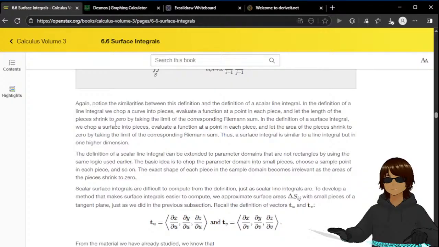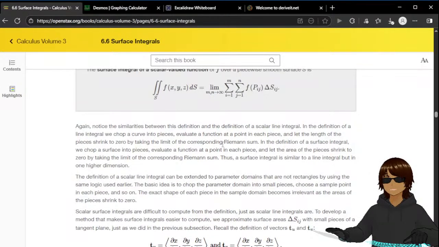In the definition of a surface integral, we chop a surface into pieces, evaluate a function at a point in each piece, and let the area of the pieces shrink to 0 by taking the limit of the corresponding Riemann sum. Thus, a surface integral is similar to a line integral but in one higher dimension.